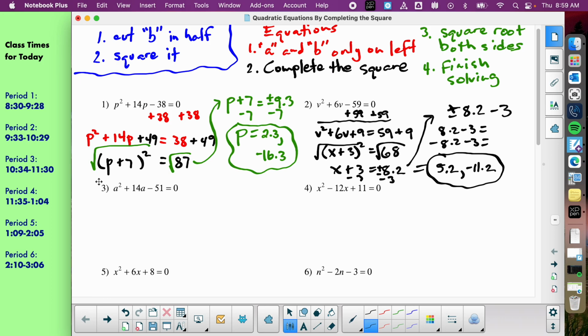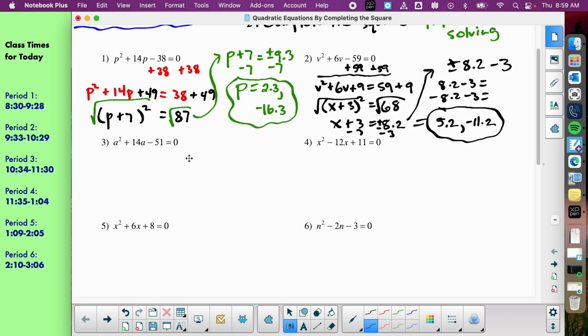Okay, I see a lot of you are already done with 3, so I'll put the answer up there because I see quite a few of you moving past 3, which that's smart. Just you kind of just starting to move on, and because you know that's going to be part of the work. Oh, go for it.